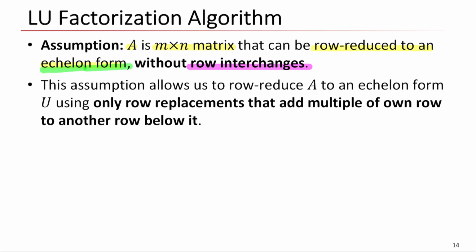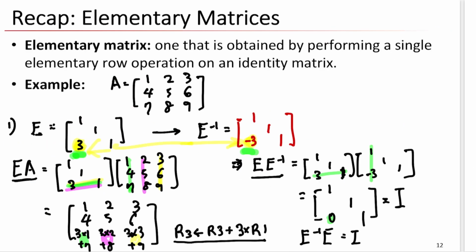We will generalize this later, but here we just assume there is no row interchange, and we can just use the row replacement rule to derive the echelon form of the matrix A. So the original matrix A is row reduced to the echelon form U using only row replacement, which adds a multiple of one row to another row. Like this one.